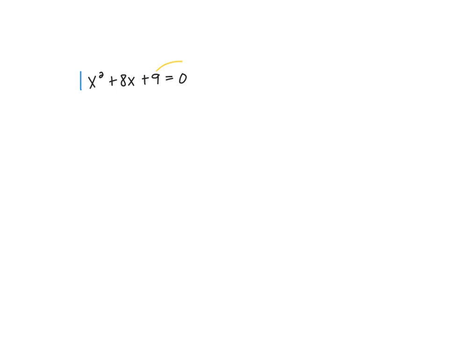So we'll move c over to the other side, and I will get x squared plus 8x equals negative 9. Then I will take the 8, divide it by 2, and square it, and that will give me 16.